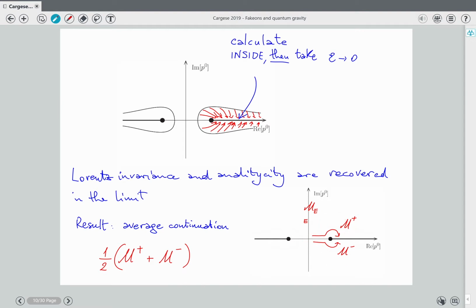It's an unambiguous but non-analytic operation. It's like computing your physical amplitude not from above or from below, but inside your cut. And that will give an analytic function on the cut. And then by analytic continuation, if you want, you can enlarge the cut into cones to make everything more visualizable.